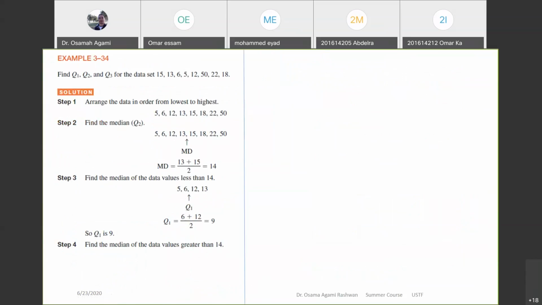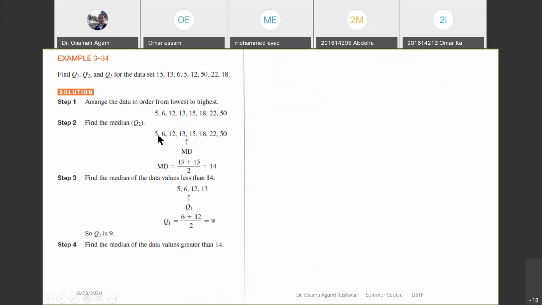If he's asking you to find the first quartile, which is denoted by Q1, the second quartile Q2, and I know Q2 is the median, and Q3 is the 75%. And I have this one. So again, I have to sort or arrange the data from the smallest to the largest. And the median means the one in the middle.